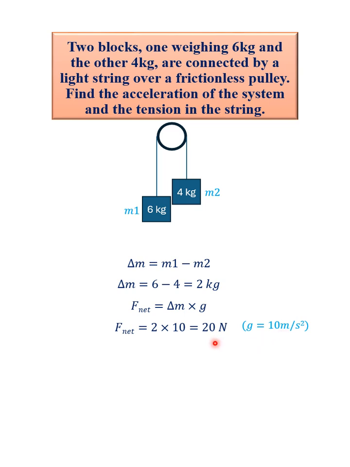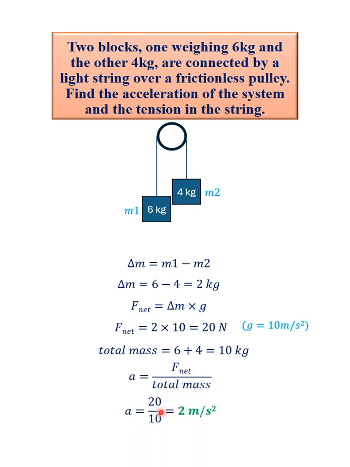Now that we know the net force acting on the object, we can then determine the acceleration of that net force, considering that the total mass acting is 6 and 4. So we have a total mass of 6 plus 4 to give us 10 kg. So with this 10 kg, we can determine the acceleration to be the net force divided by the total mass, and that is 20 divided by 10 to give us 2 meters per second square.